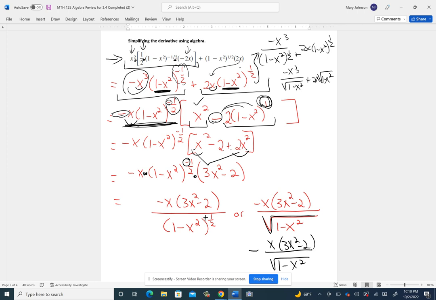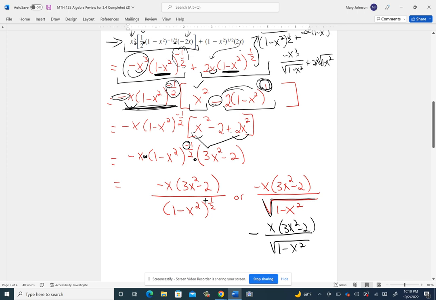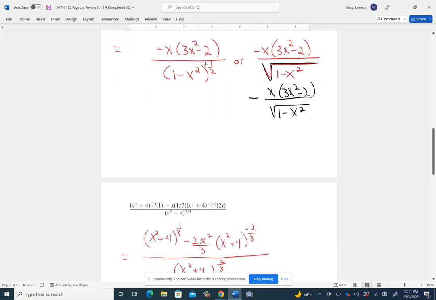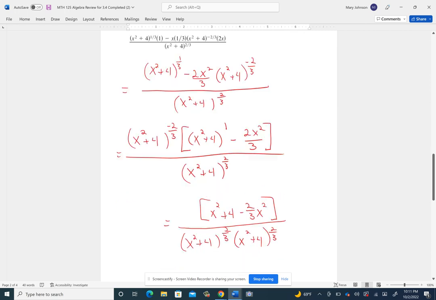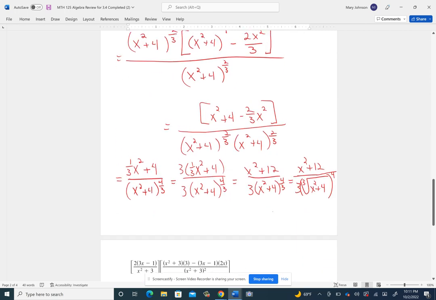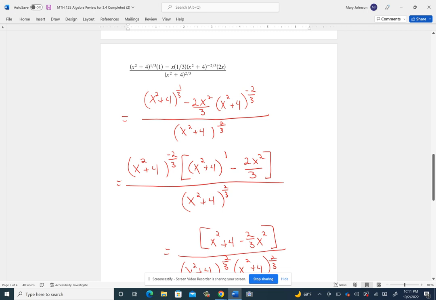So I'd really love it if you would practice just trying to use factoring to really simplify this so it looks very nice. And that'll help you get something more similar to what you see in the back of the book. So let me talk through why this turns out the way it does. First I'm just looking at each of these because these are the terms that are separated by just multiplication.